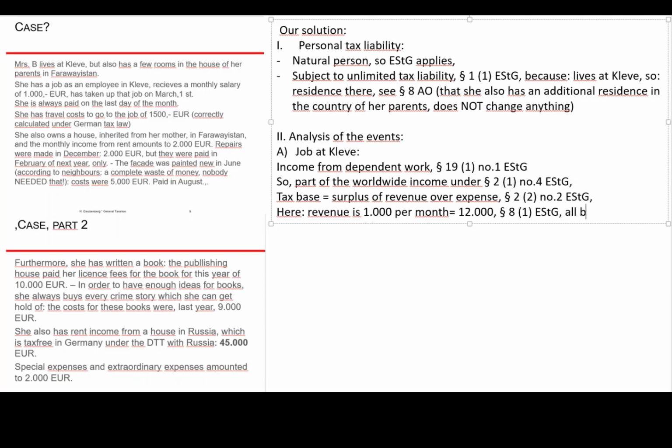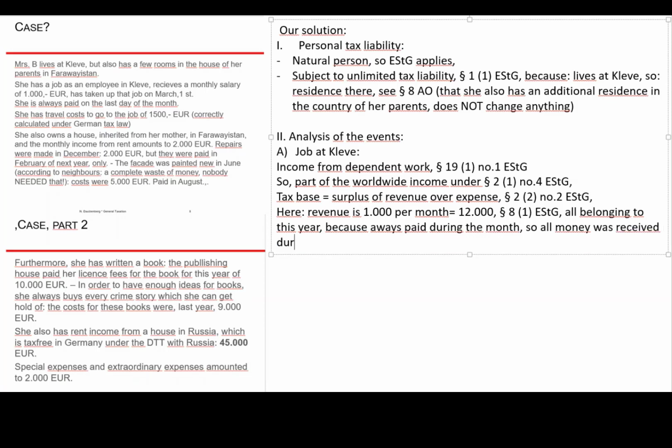And all belonging to this year because always paid during the month, so all money was received during this year, so taxable this year. See section 11.1 sentence 1 ESTG. I hope it is.